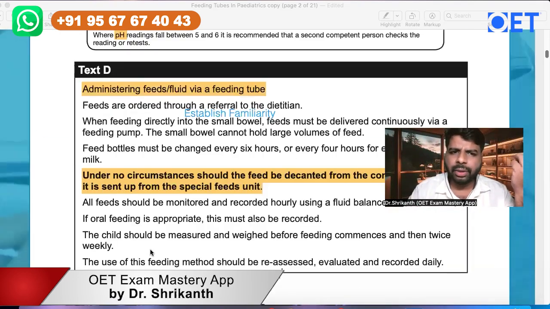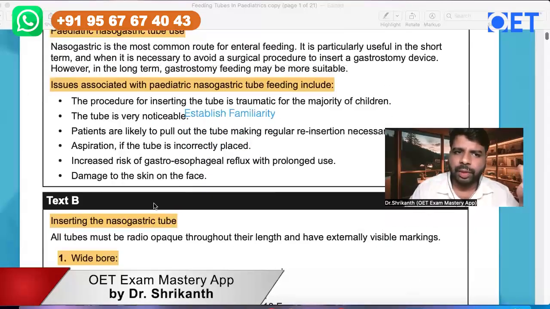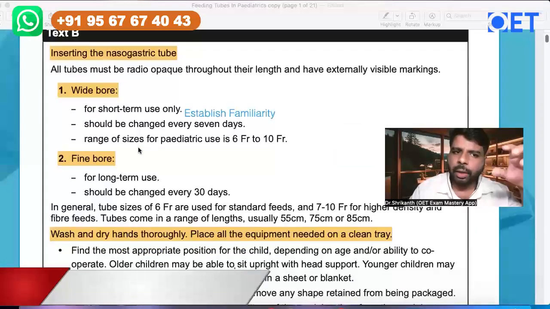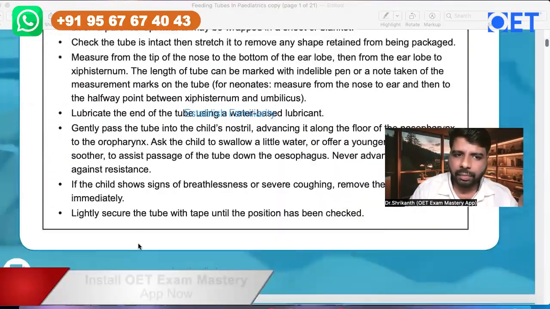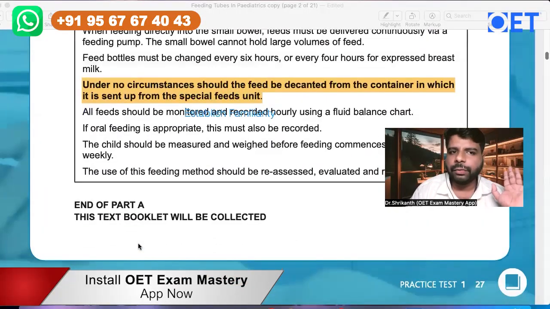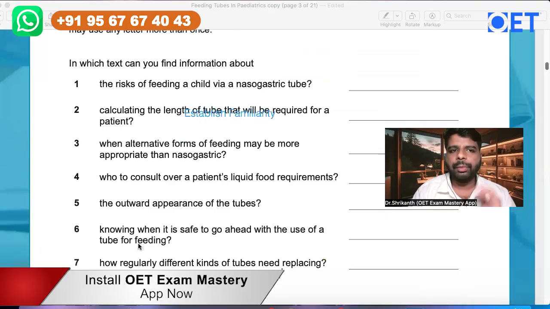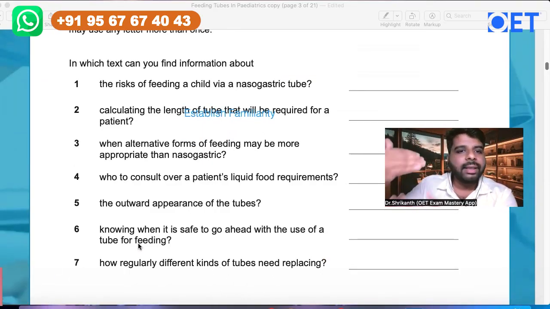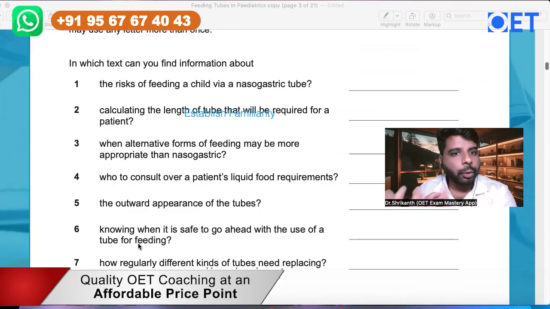You will be reading some content from reading part A, some content of reading part B, some content of reading part C, and some content of reading part D. So by the time you finish the first 7 questions, you already have read A, B, C, and D thoroughly.